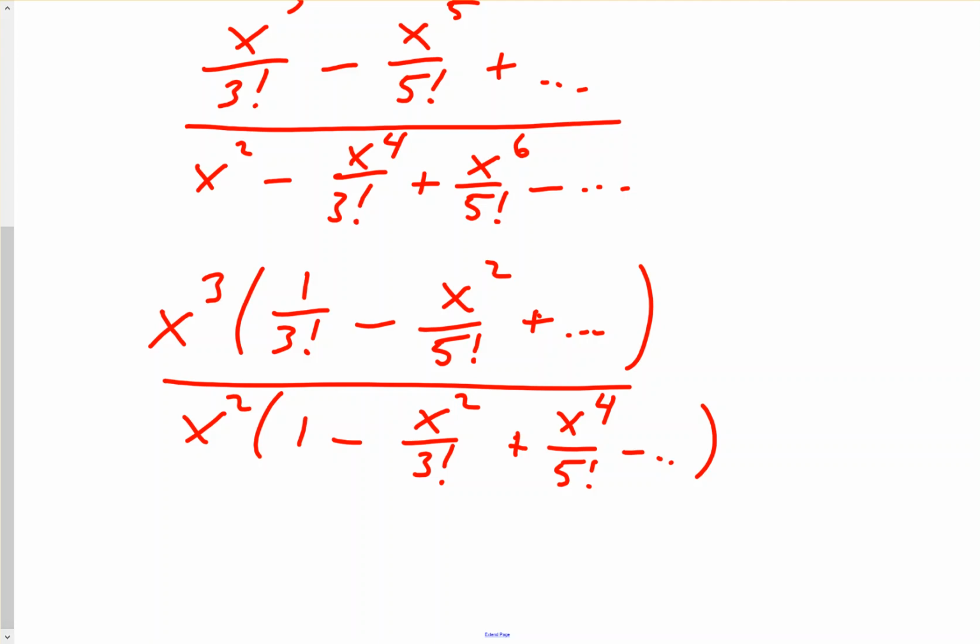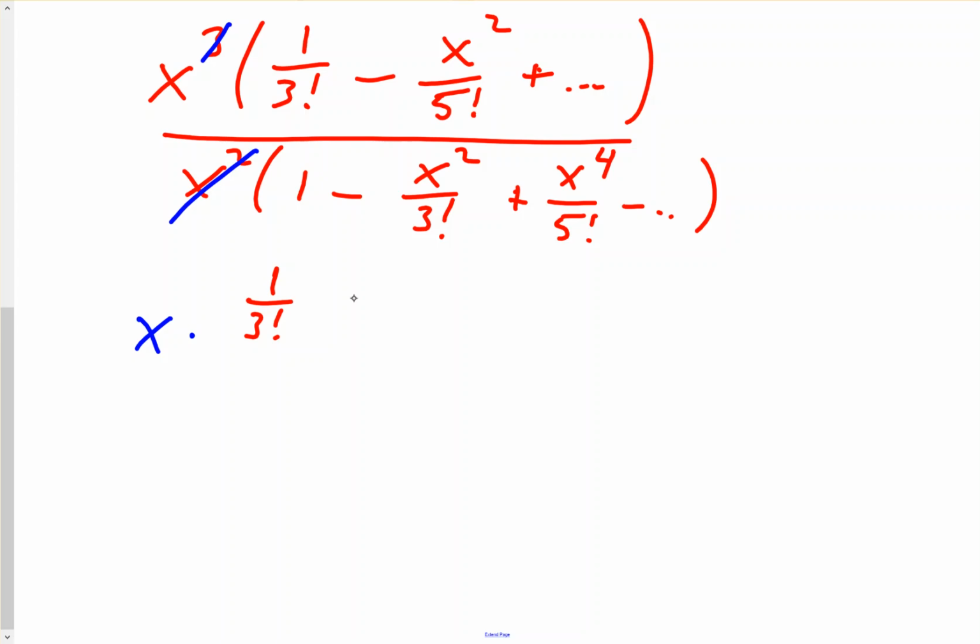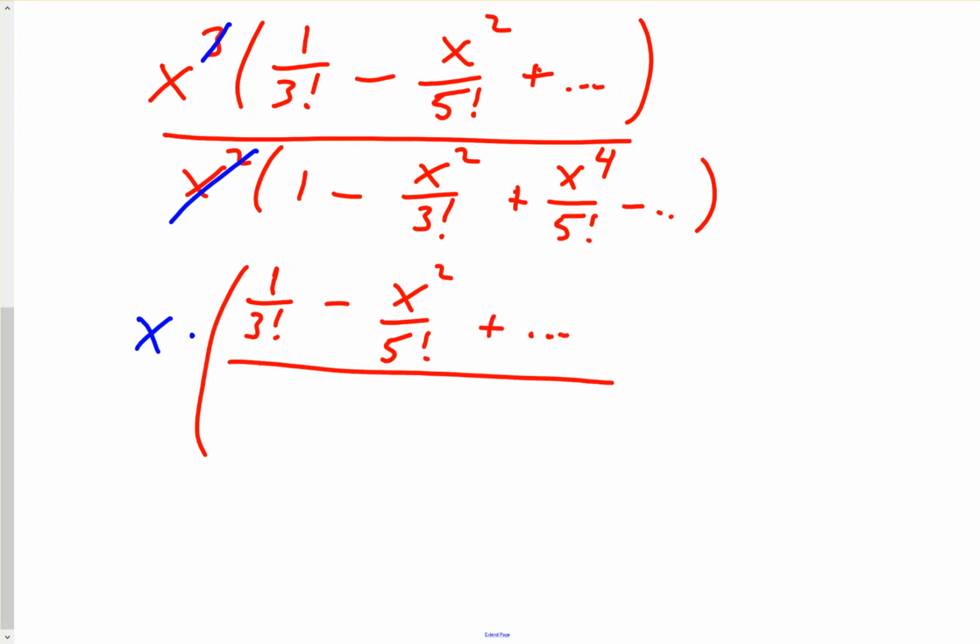Okay, so then simplifying the x cubed and the x squared, I'm just left with an x times 1 over 3 factorial minus x squared over 5 factorial over 1 minus x squared over 3 factorial plus, I'm going to keep this the same now, like that.